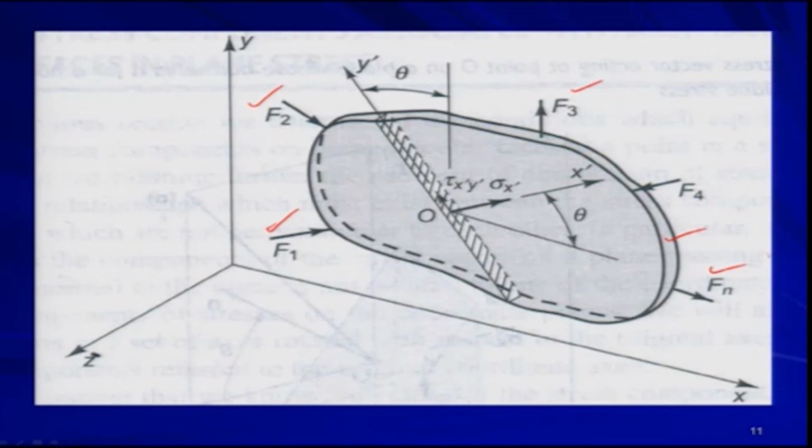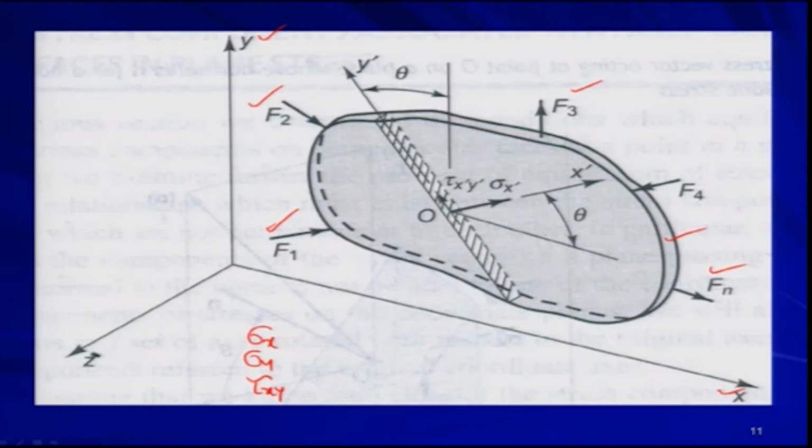This is your xy coordinate system, because we do not have variation in the z direction, as this is the plane stress condition. In this situation we know the state of stress in the xy plane, that means I know sigma x, sigma y and tau xy. So, these three things are known to me.